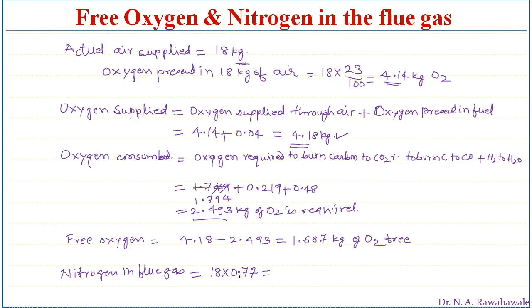So 0.77 into 18 gives 13.87 kg of nitrogen per kg of fuel burned. So what we obtained is the free oxygen and free nitrogen present in the flue gases.